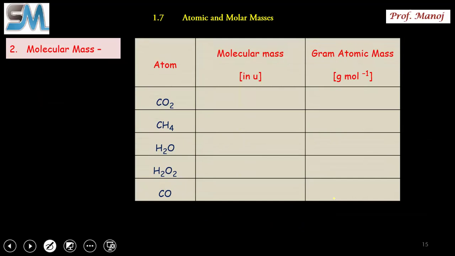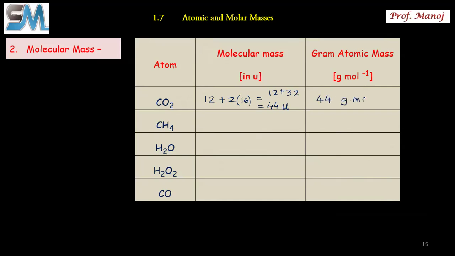Let us practice some questions after using the table from your synopsis. You can refer to the things. So carbon, as you know, we are going to use the standard numbers here. So carbon is 12. There are 2 oxygen with 16. So this is going to be 12 plus 32. That will be 44 U. In case you're writing the same answer in gram per mole, the gram atomic mass, simply change the unit.